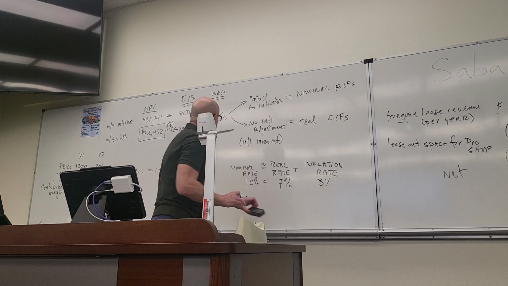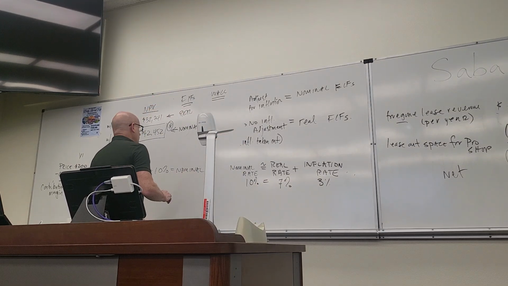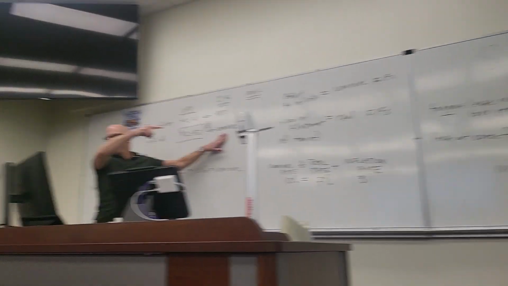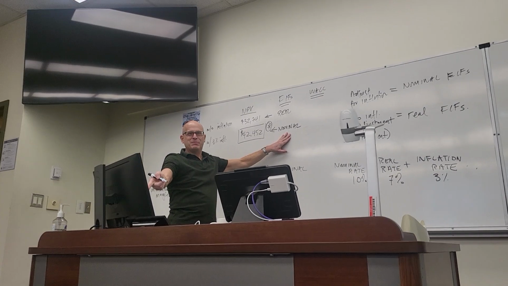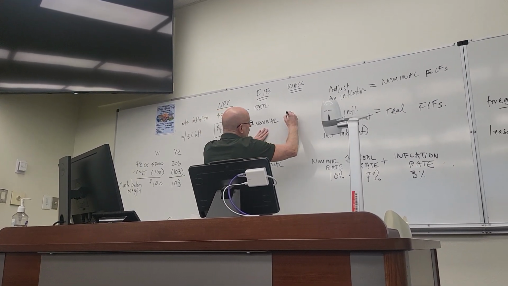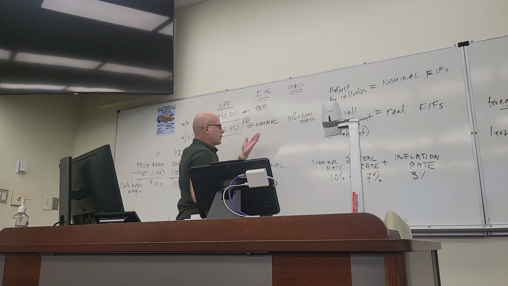So what does that mean? It means if we come over here, and today, what did I use to discount? I used 10%. I know you didn't see it in there. I had to go check my NPV formula, but I used 10%. Okay? So I used 10%, which was my nominal WACC.